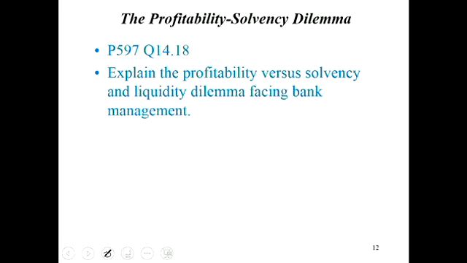It squeezes out your liquidity. And, of course, that can give you a problem if you don't have enough of that. And so that's the basic balance that the bank's got to face. By trying to become too profitable, they can run out of liquidity. By trying to be nice and liquid, they may become unprofitable. So that's the basic problem that they've got to face, and they've got to sort it out somehow.